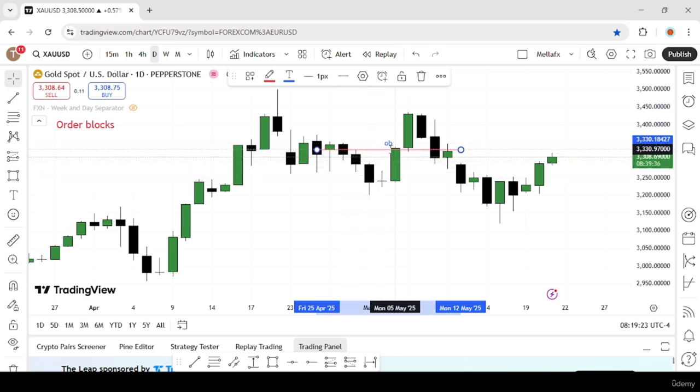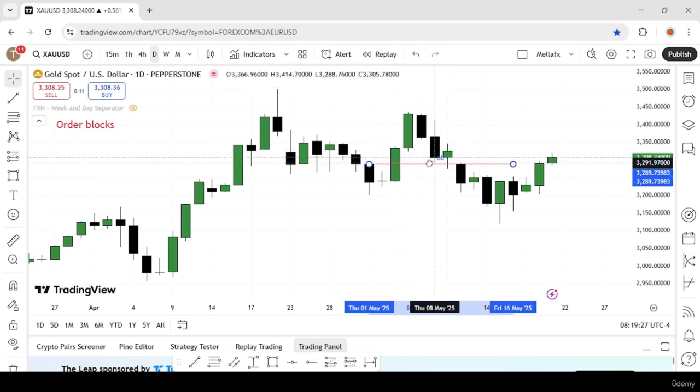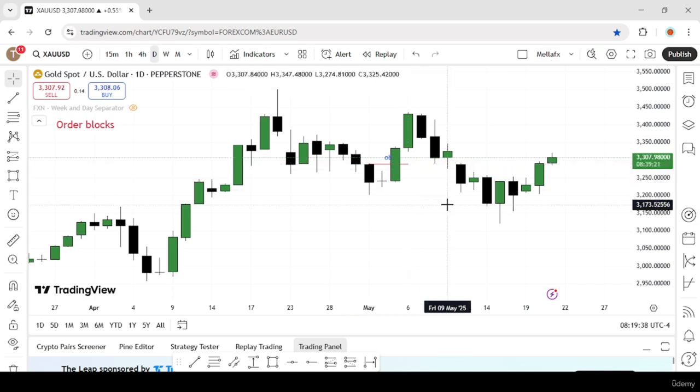Some people prefer the order block, and some people like me prefer the fair value gap. After looking at it for some years, I just prefer the fair value gap over the order block, but not to invalidate the order block or anything, just my perspective.